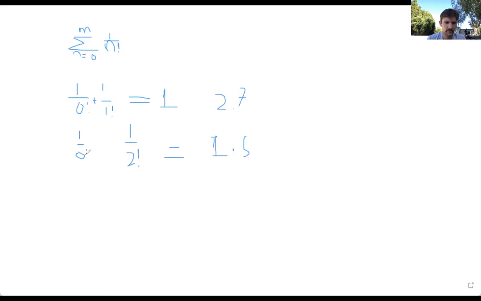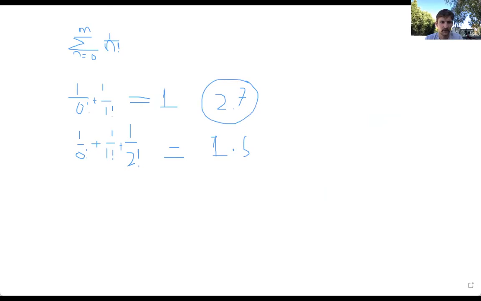Let's write the rest of it in. So 1 over 0 factorial plus 1 over 1 factorial plus 1 over 2 factorial, and it looks like we're approaching that 2.7. So we're convinced that the problem statement works. We have a thorough understanding of the problem.